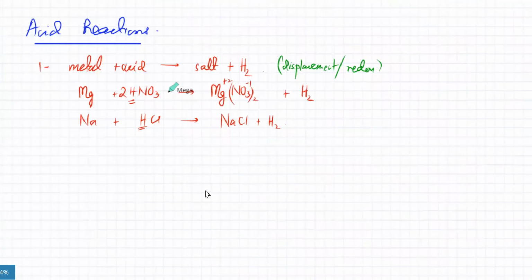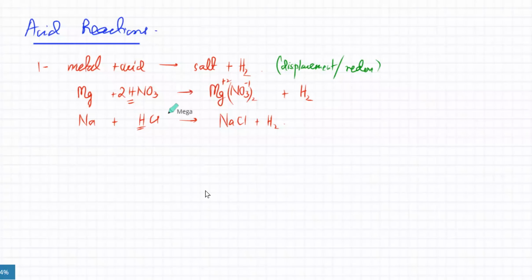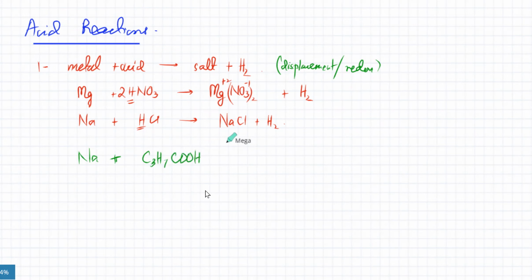So if I do the same reaction of, let's say, Na with some carboxylic acid, and this time I'm picking propanoic acid, what will happen is the Na is going to come in and it's going to displace the H. It will take its place. So what you're going to get is C3H7, sorry, and Na will come in place of that H.